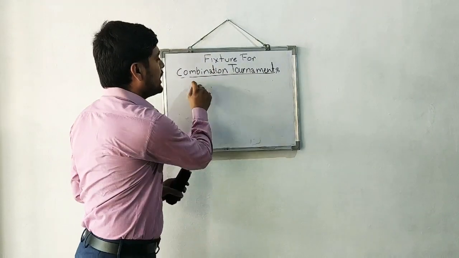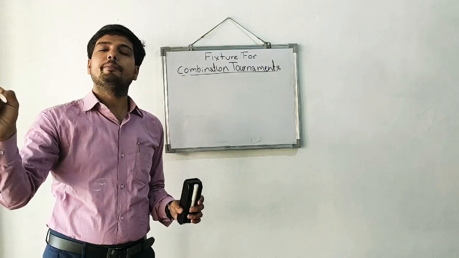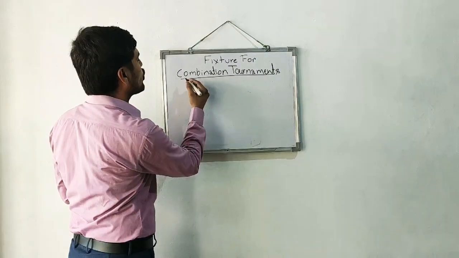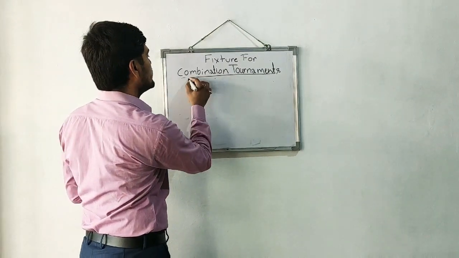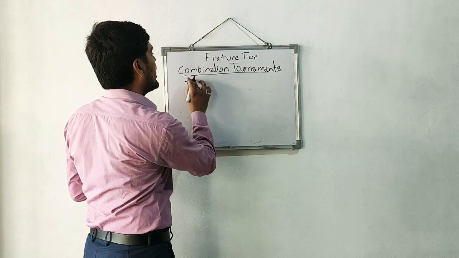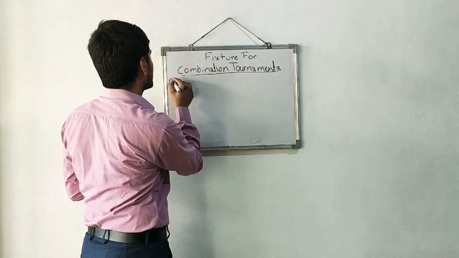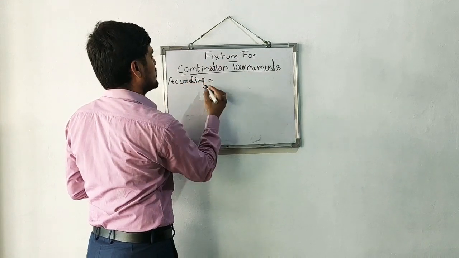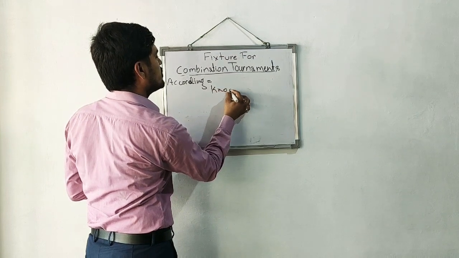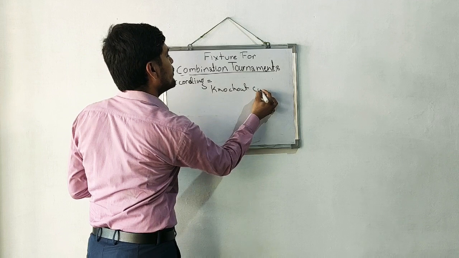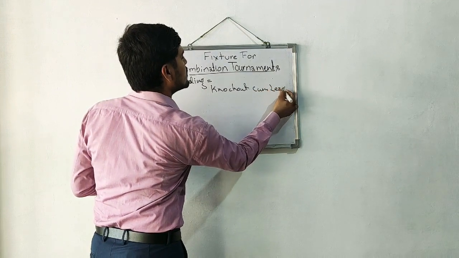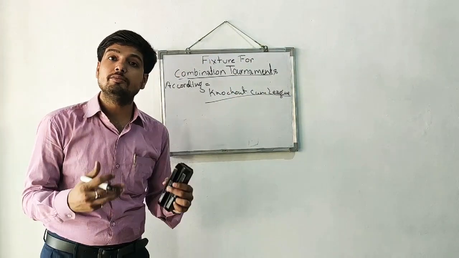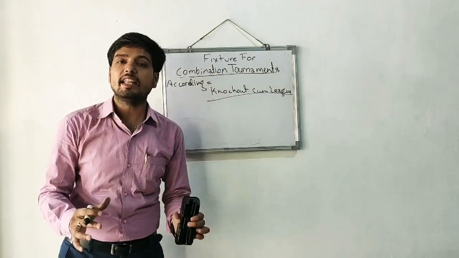Just mention on the top that you are making a combination fixture according to the knockout come league method, by which combination method you are making that fixture.